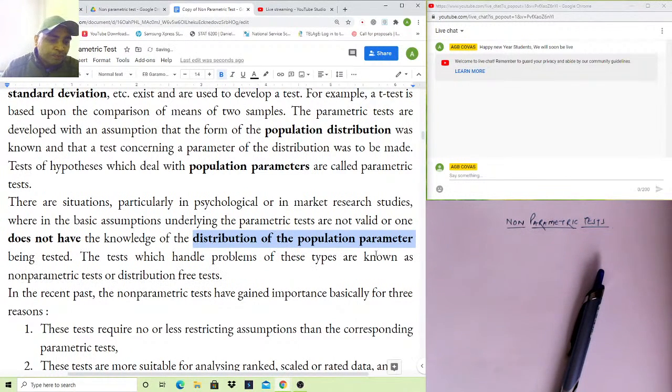Then what will you do? The tests which handle this type of problem are known as non-parametric tests, and they are also known as distribution free tests.